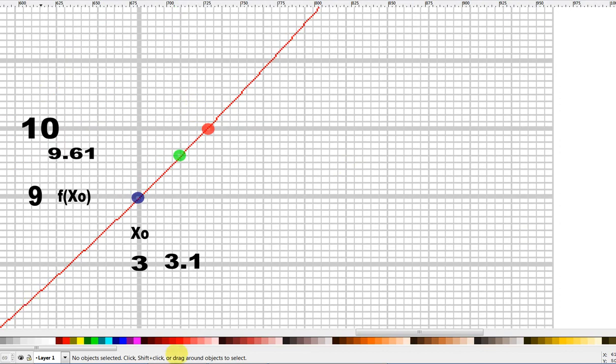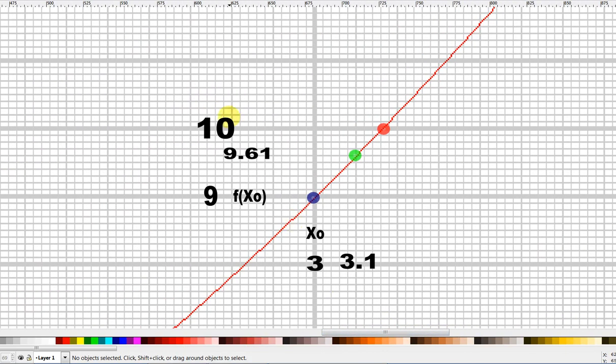Well, it's saying to look at the initial guess squared, which is 9, and look at the difference between that and the better guess squared, which is 9.61. So let me draw a little line there. It's asking, what's that distance between 9 and 9.61? And so that difference there is 0.61.